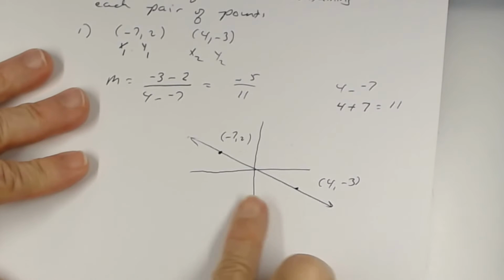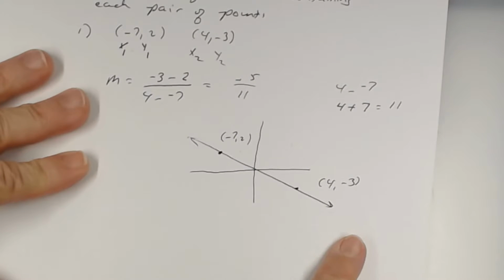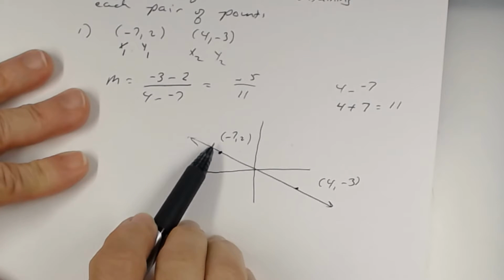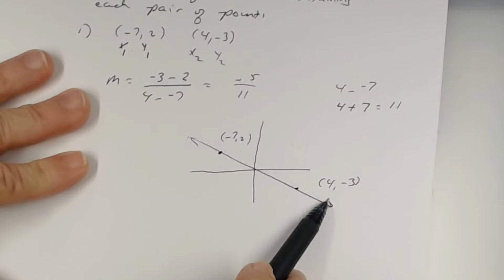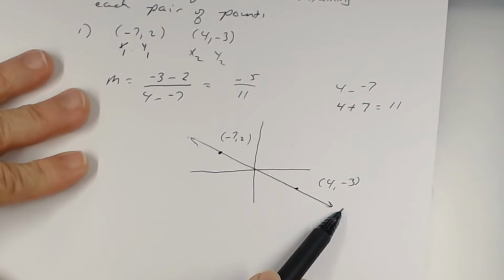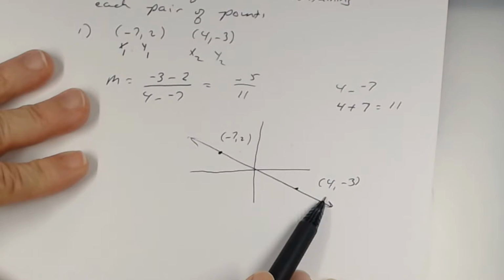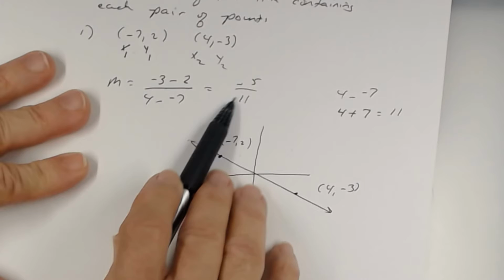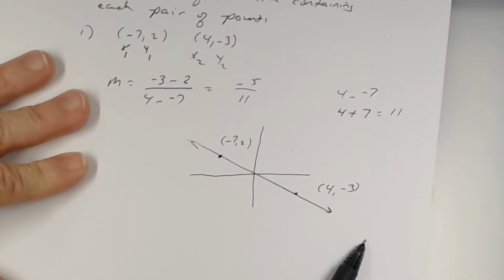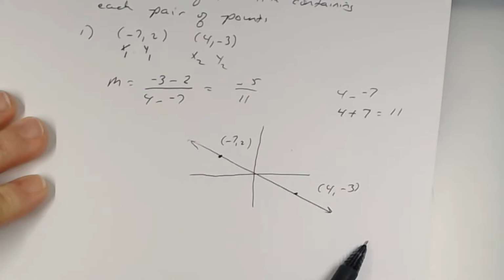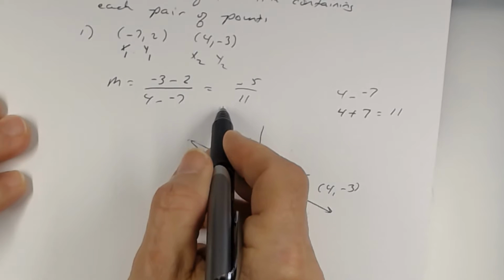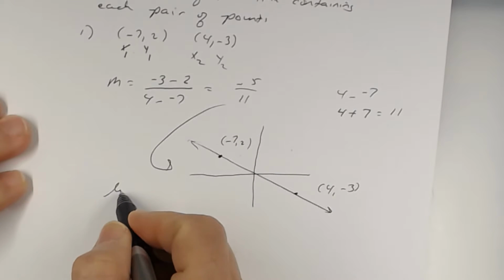As I go from left to right, your line is falling. It's going down. Your y values are decreasing. See those y values? What's happening to those y values? They're decreasing. So we say the line is falling. So if the slope is negative, your line is going to what? Fall. Okay? So since the slope is negative, the line falls.